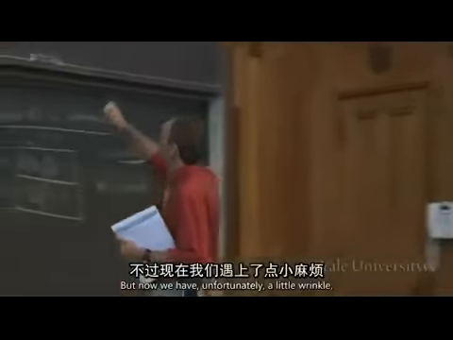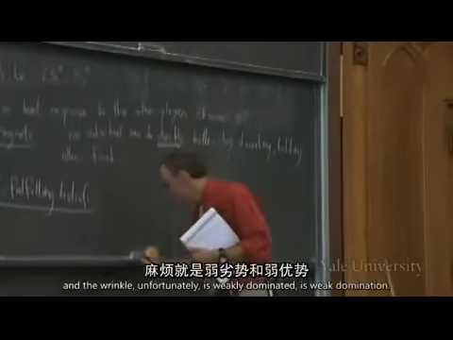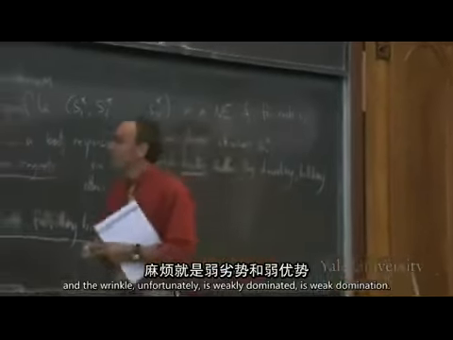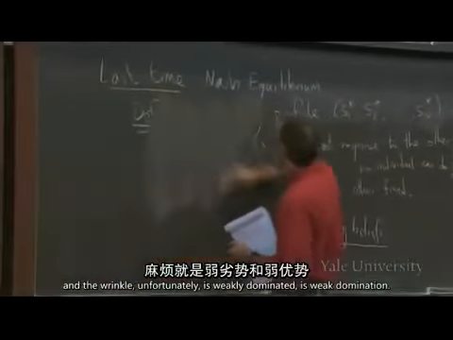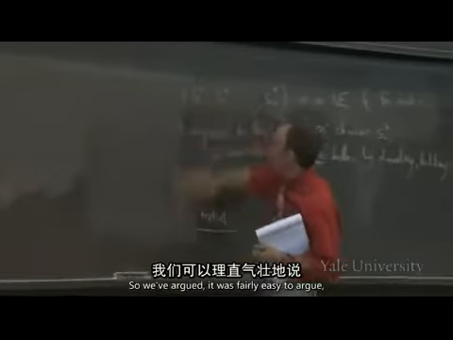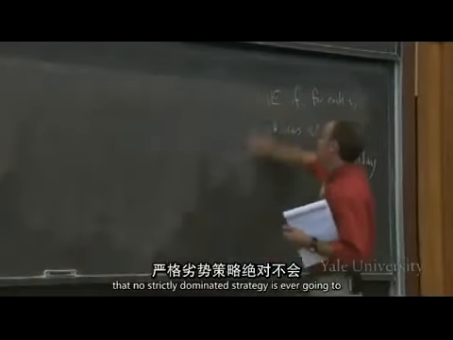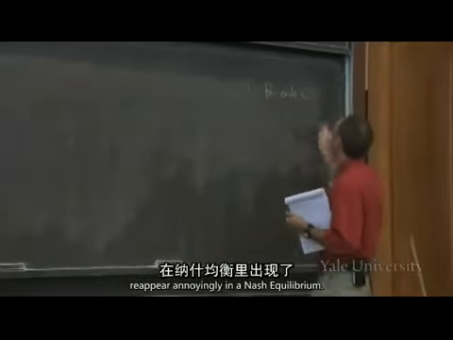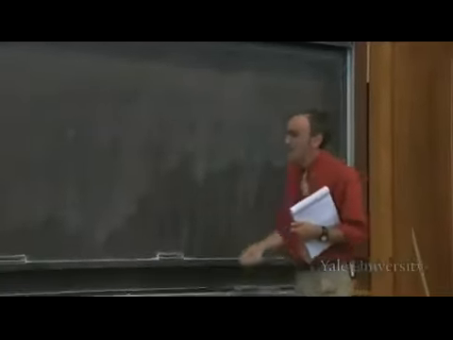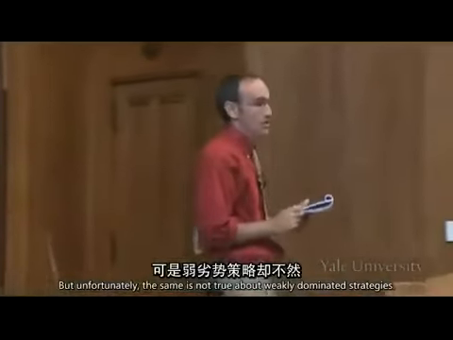But now we have, unfortunately, a little wrinkle. And the wrinkle is weak domination. We've argued, and it was fairly easy to argue, that no strictly dominated strategy is ever going to reappear in a Nash equilibrium. But unfortunately, the same is not true about weakly dominated strategies.